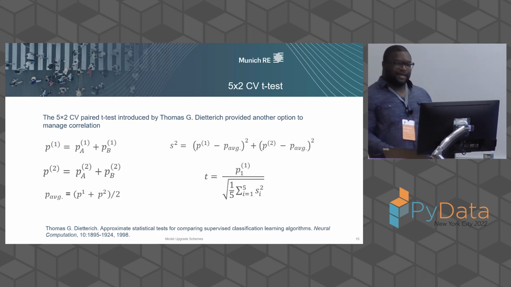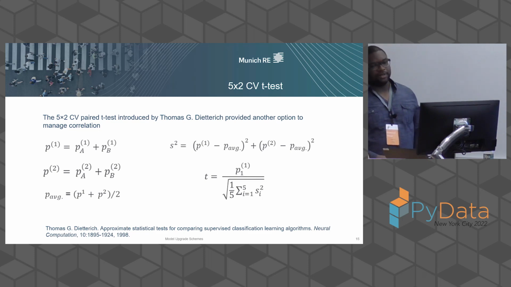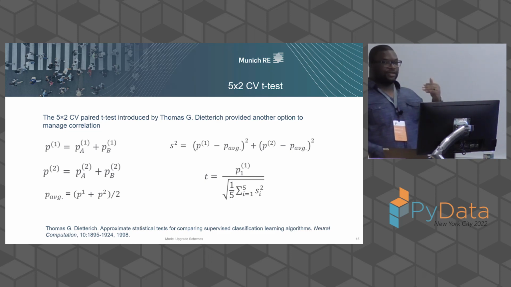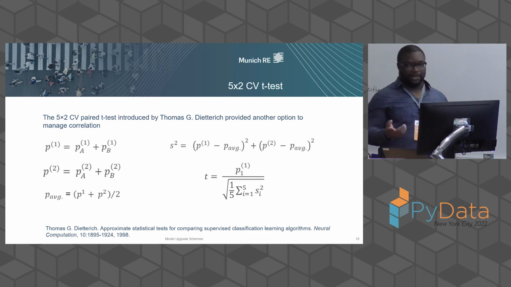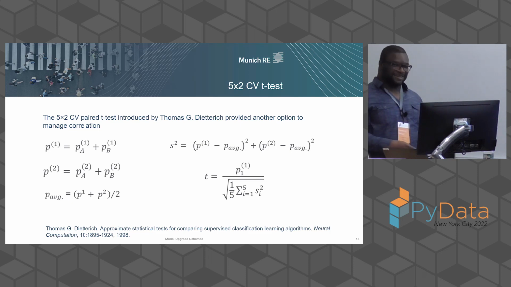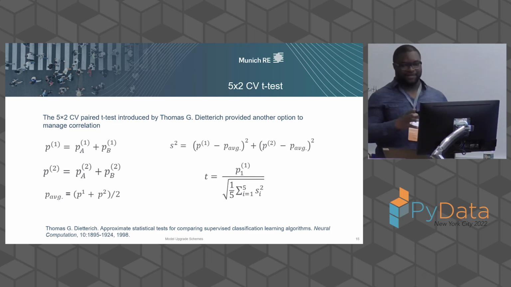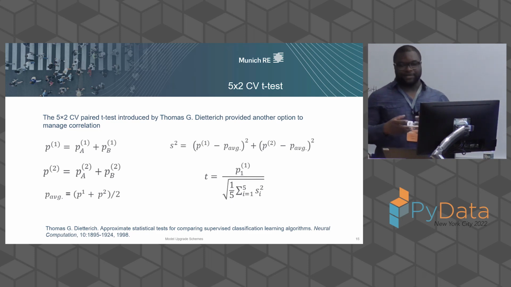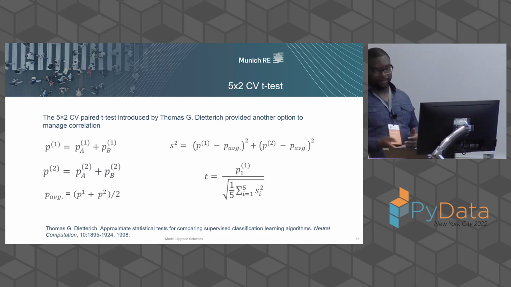But basically, there's this other test that was put together by Thomas Dietterich, which is called the 5x2 CV paired t-test, which has this interesting algorithm where it takes five rounds of a situation where it takes the data set, splits it into two, trains algorithm A, for instance, on one of them, and then tests on the other, and then trains on the other and tests on the first fold, and does that for algorithm B. So you have these four quantities that are used to calculate a modified variance at the top of the right-hand side, and then that goes into the t-statistic that is at the bottom.